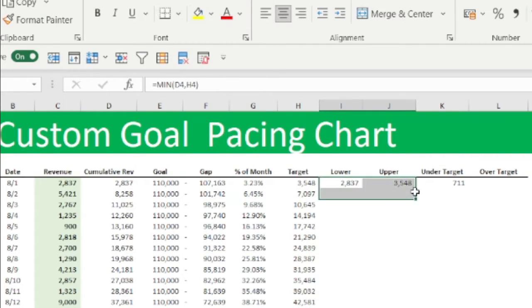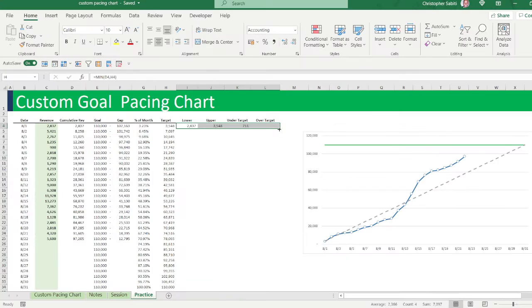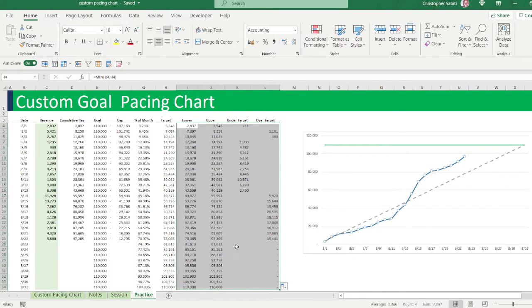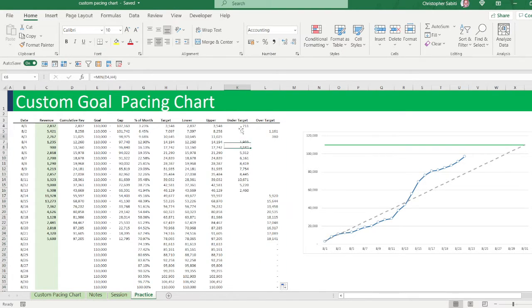I'm going to select all these three and run them up to the end. You see automatically it shows us where it is blank, then there it is under, then the other side it is lower. And when you look at the graph, that is how the graph is behaving: we had under from the 4th up to around the 16th, that's when we started moving upwards.